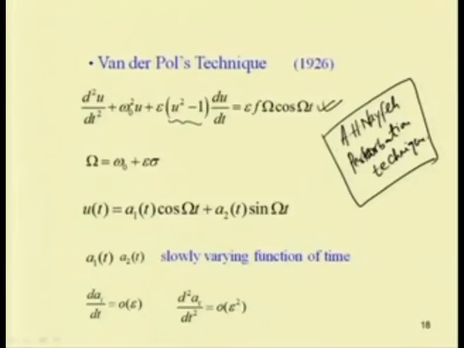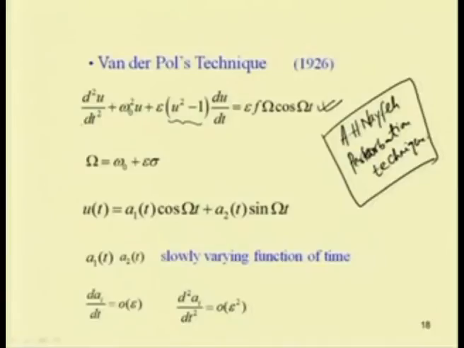In the method of variation of parameters, we put epsilon equal to 0. Here we are assuming epsilon to be small, and if epsilon is equal to 0, the equation reduces to d square u by dt square plus omega 0 square u equal to 0.